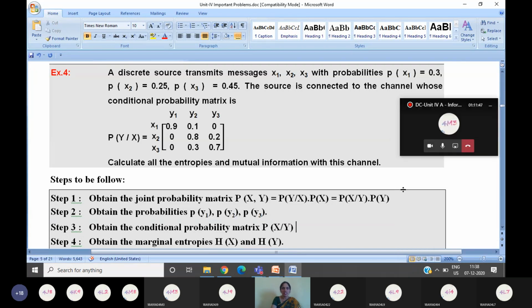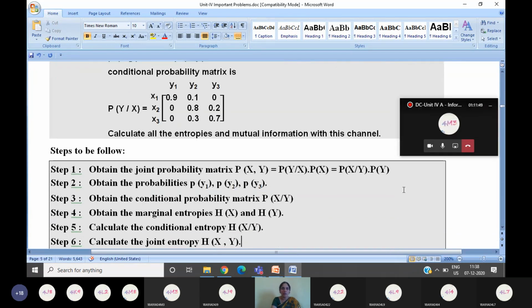Now what is the first step? First step is to calculate the joint probability matrix, whether it is given or not, that is, calculate p of xy. And the second step is, if p of x1, p of x2, p of x3 are given, then calculate the receiver message probabilities.